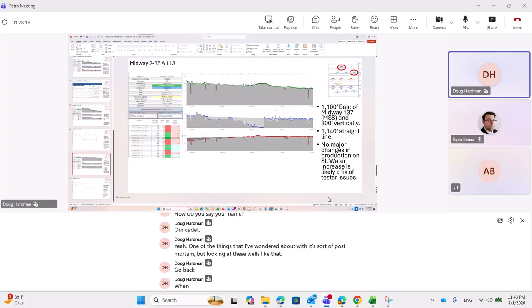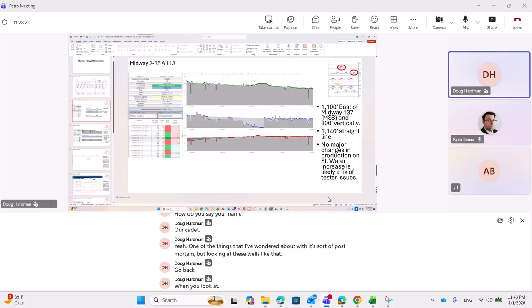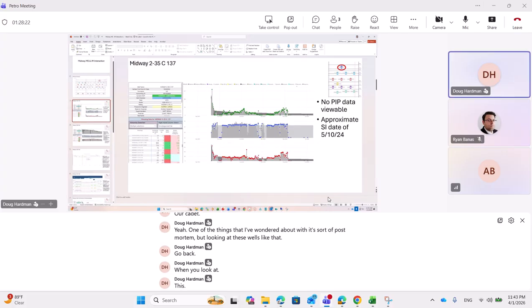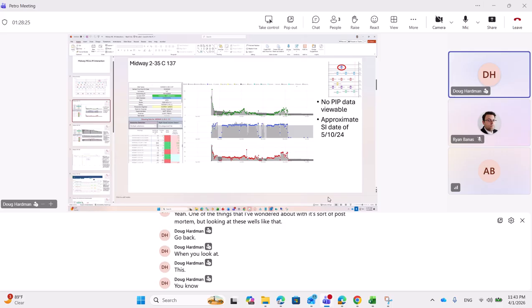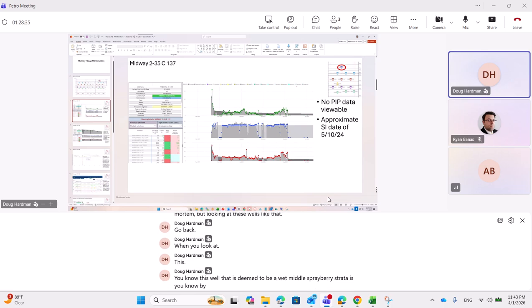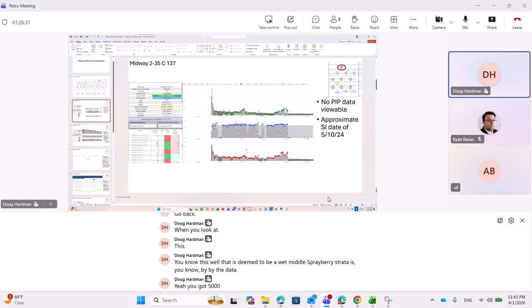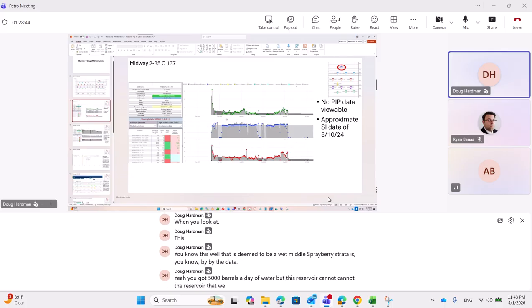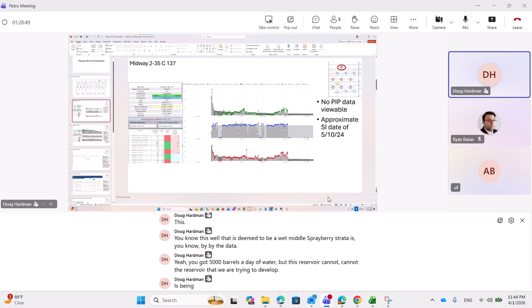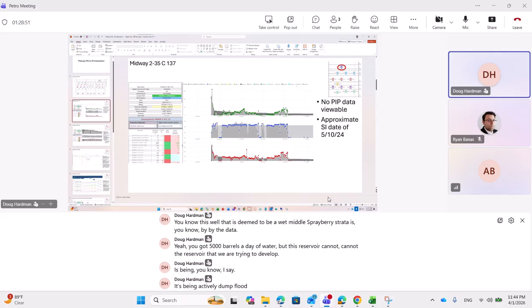When you look at this well that is deemed to be a wet Middle Sprayberry strata, by the data, yeah, you got 5,000 barrels a day of water, but the reservoir that we are trying to develop is being actively dump flooded and it's not a wet reservoir.